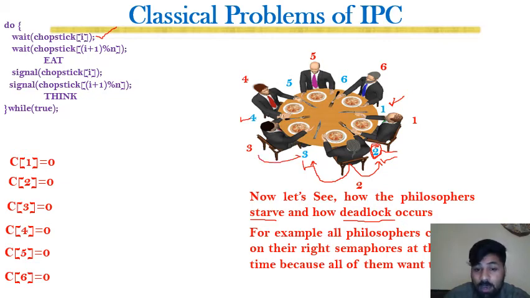One thing that most students ask is, as I said, that all of them are calling the wait function simultaneously, but initially when we were discussing semaphores, we had made clear that no two processes can simultaneously enter the wait function, because that is the atomic operation of the semaphore.